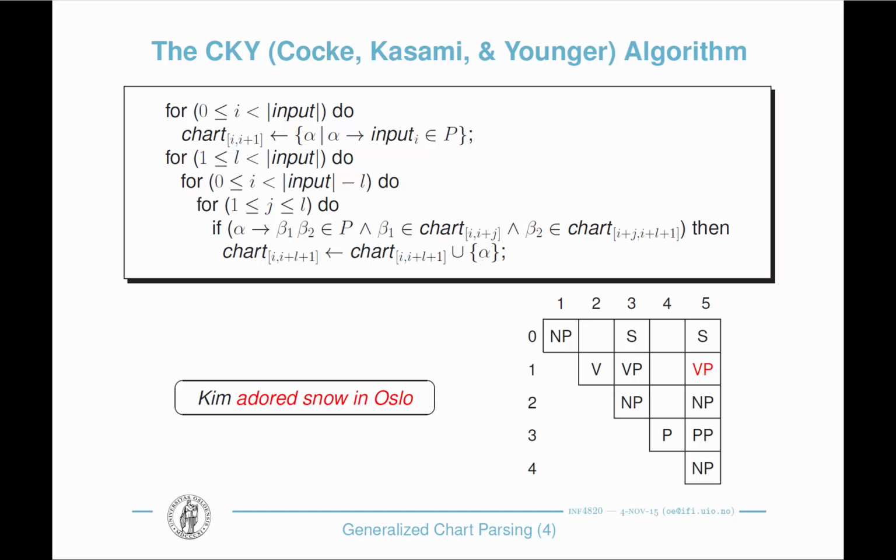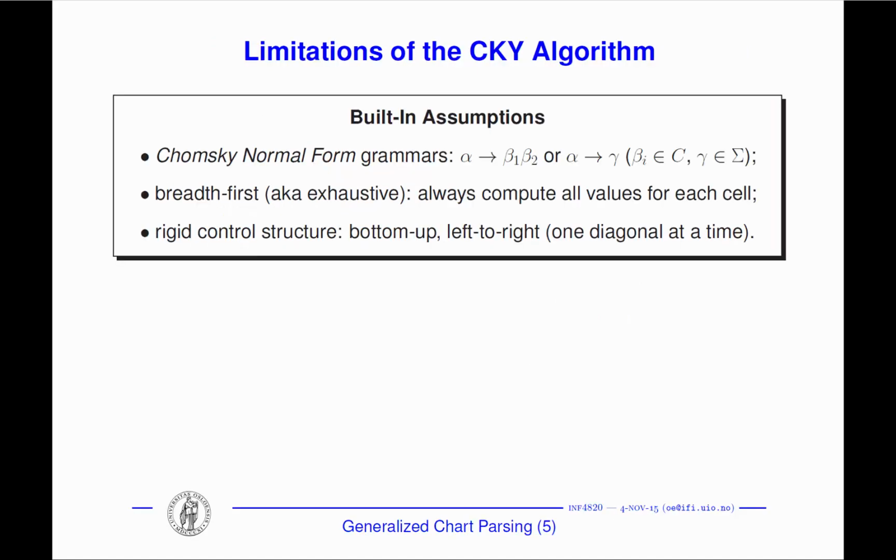What we have not computed is an actual tree. We have computed a forest. In fact, a somewhat underspecified forest. All right, let me observe some limitations of the CKY algorithm. The attempt to combine two things to derive a new category always looks for rules of this form: alpha rewrites as beta 1, beta 2.